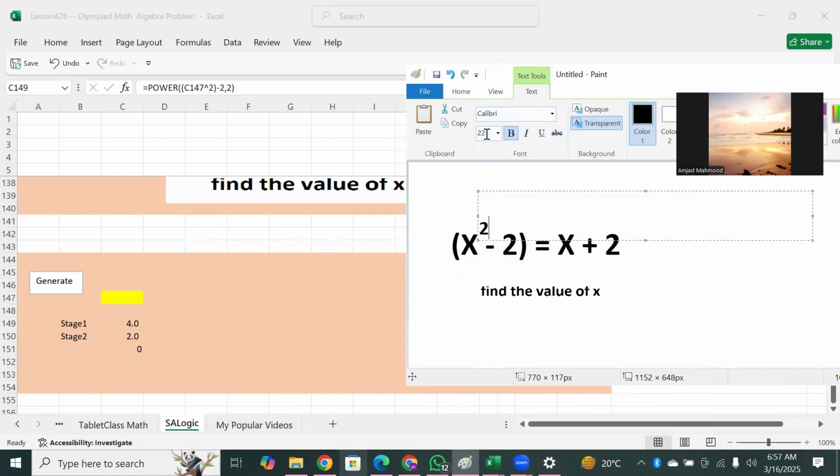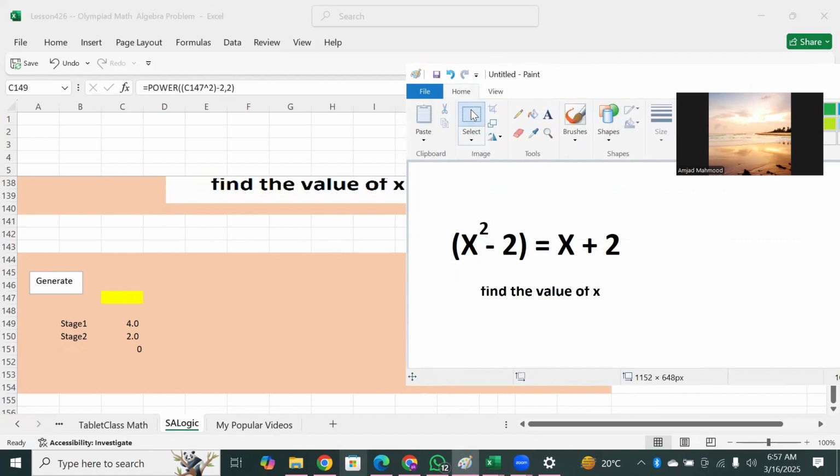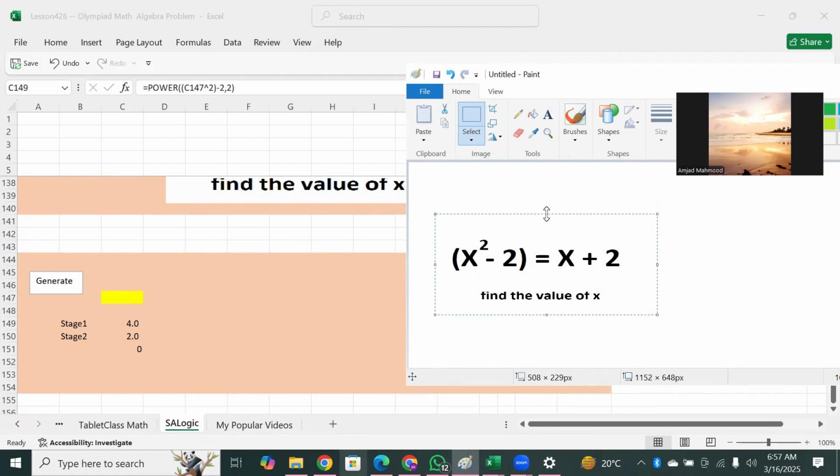And for this, we have to select it for sure. Let's go to the home and get the selector, and we select this image. Okay, that's fine. Undo. Okay, so this is the selection which you like to do.